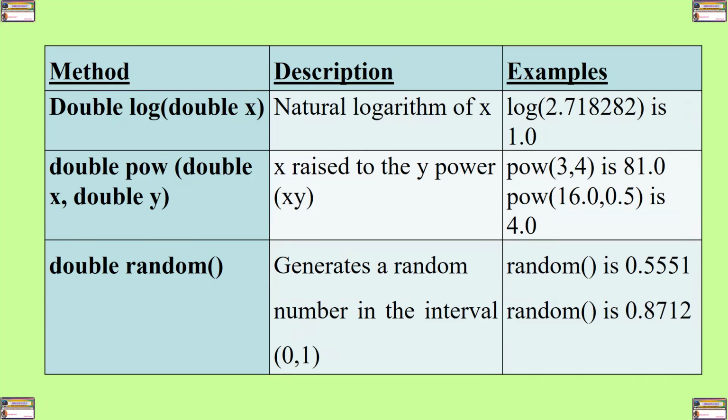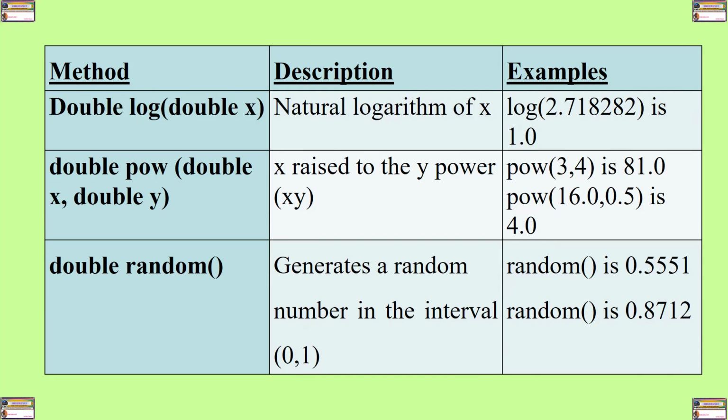Another method is log. It is used to compute the natural logarithm of a value. If you want to compute the logarithm of x, then we pass a value of type double, for example x, to the method called log.